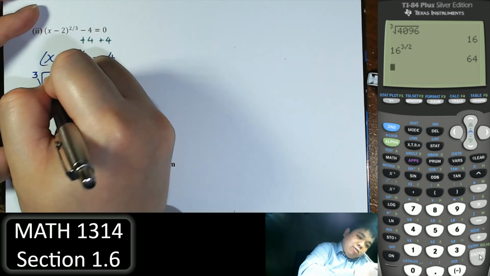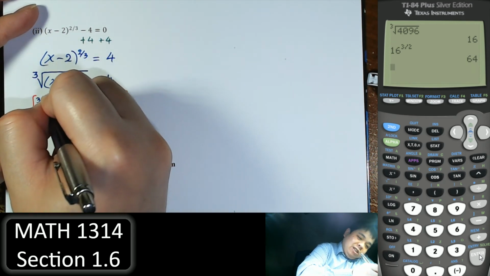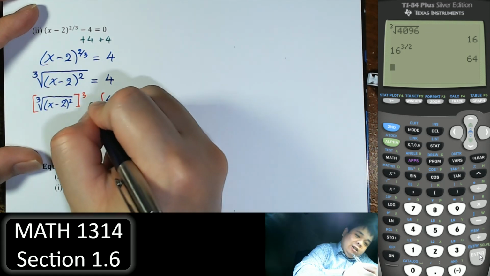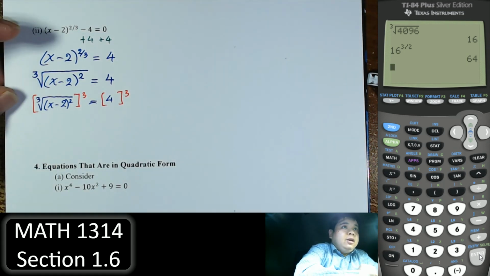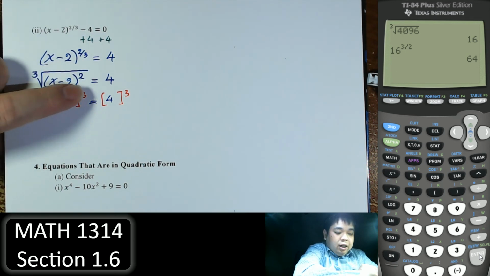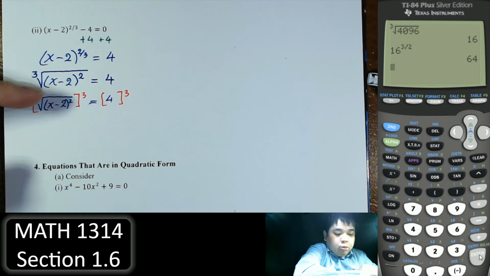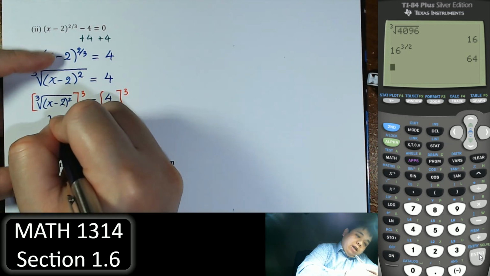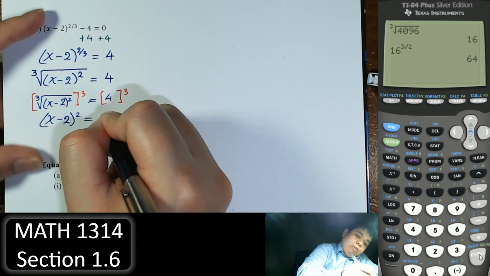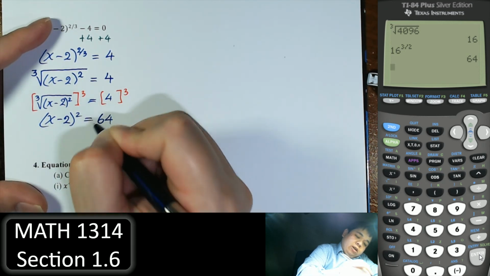Oh, this is x minus 2 squared, right? Once again, power on top, root at the bottom. Cube cancels the cube root. We have x minus 2 squared equal to 4 cubed. Should be 64.